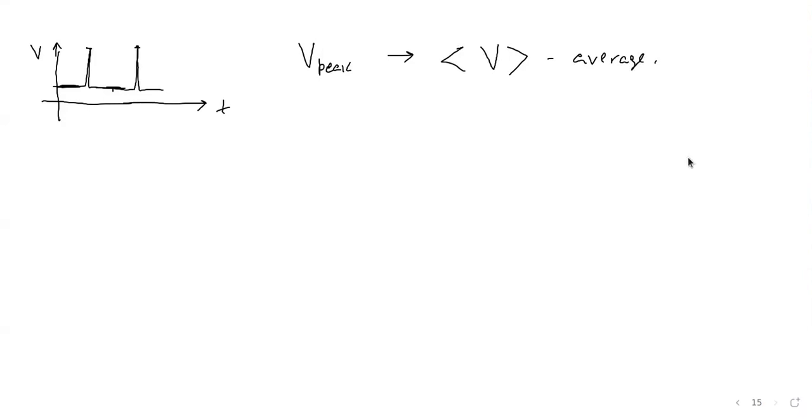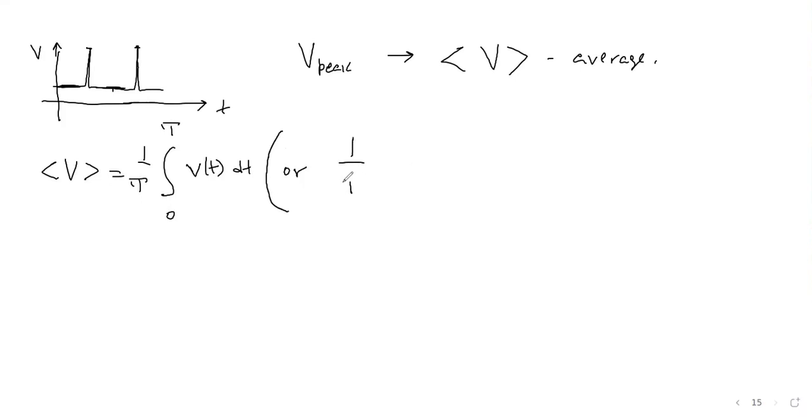But the problem with the average, well, let's define this. So the average value would be an integral of the signal over time. And then if a signal repeats itself, you can say from 0 to period, 1 over period. If the signal doesn't repeat itself, you can define it like this.